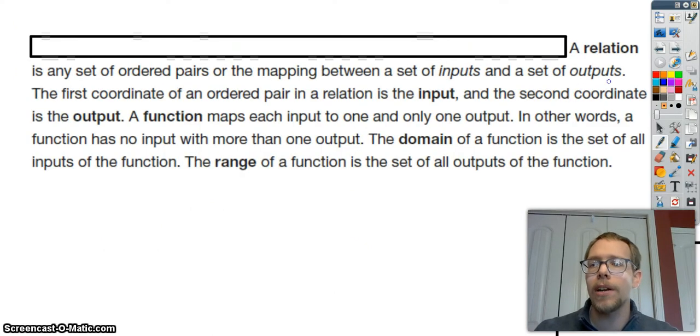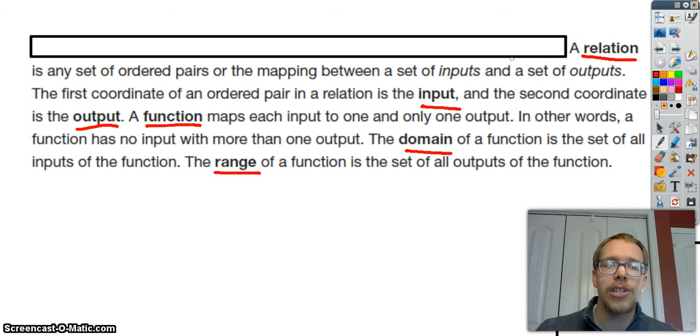Now on this page we've got quite a few vocab words, and I'm going to underline all of them. We have the word relation, we have the word input, we have output, function, domain, and range. And we'll talk about what those mean as we read this together. A relation is any set of ordered pairs or the mapping between a set of inputs and outputs.